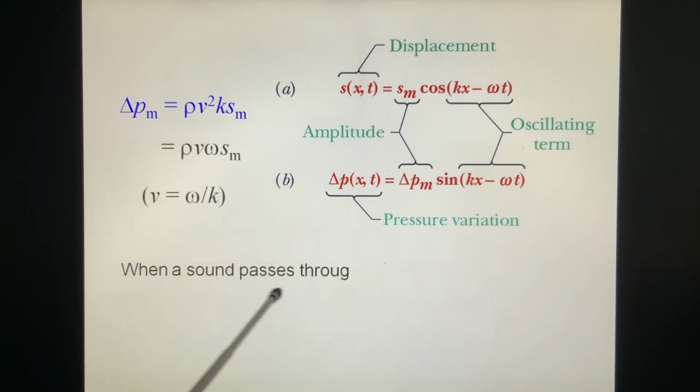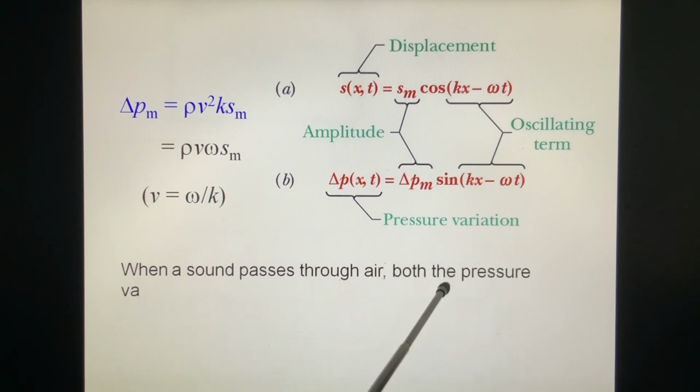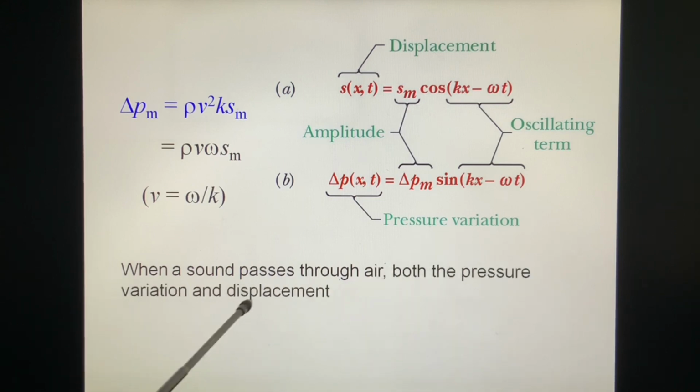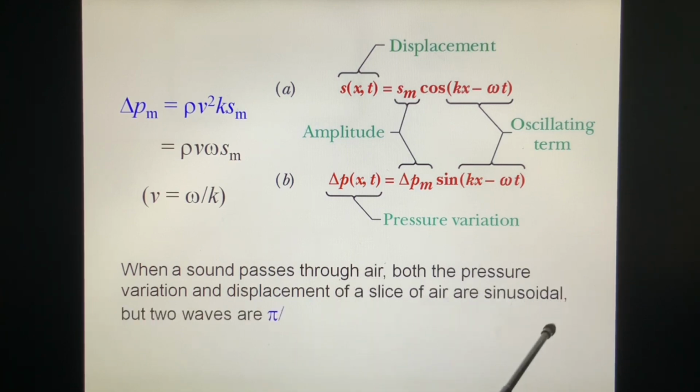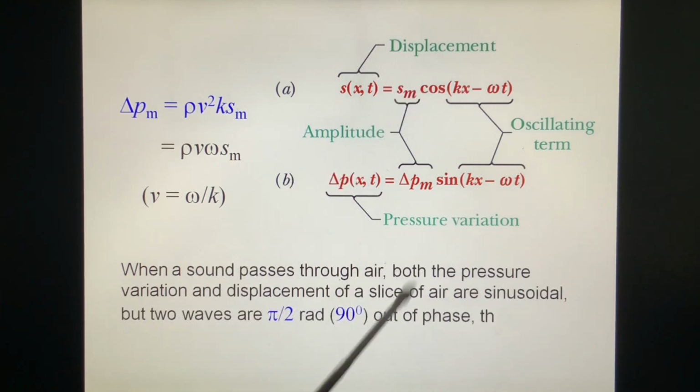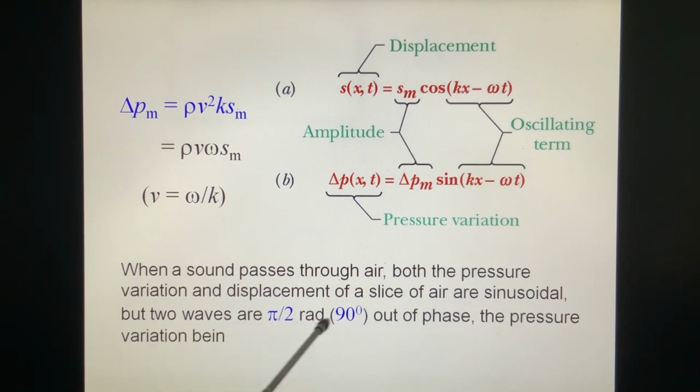When a sound passes through air, both the pressure variation and the displacement of a slice of air are sinusoidal, cosine and sine. But the two waves are half pi radians, or 90 degrees, out of phase.